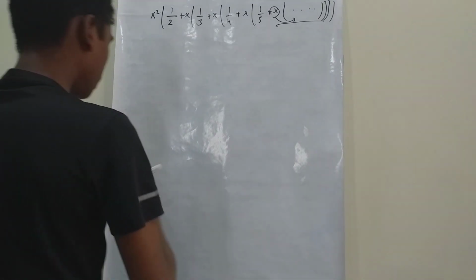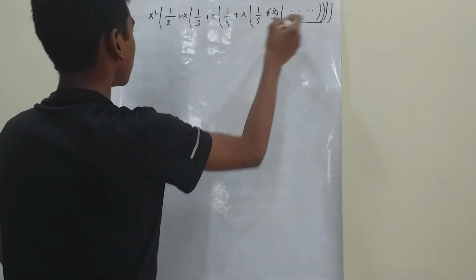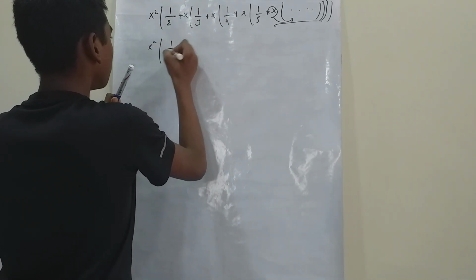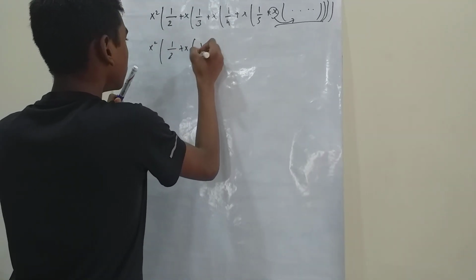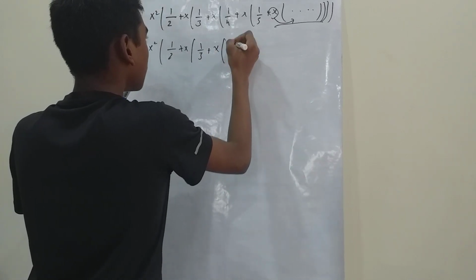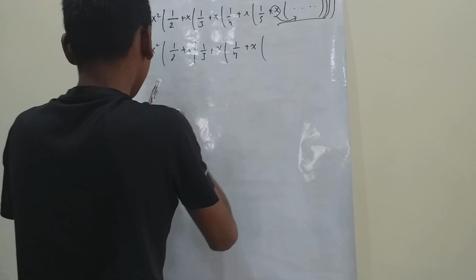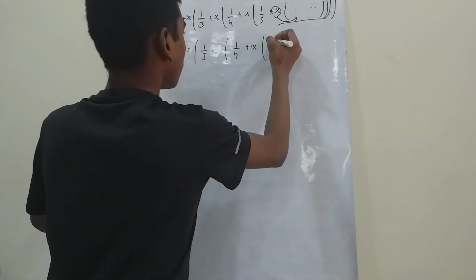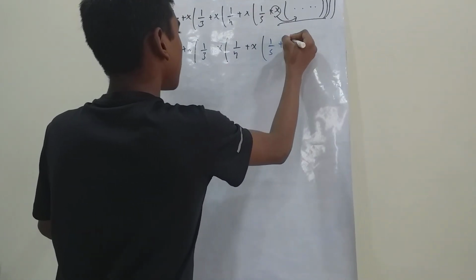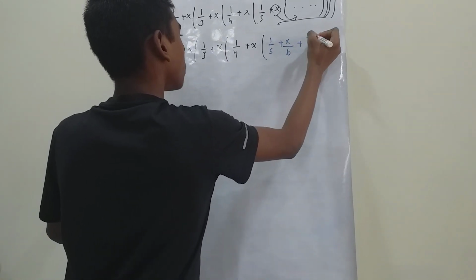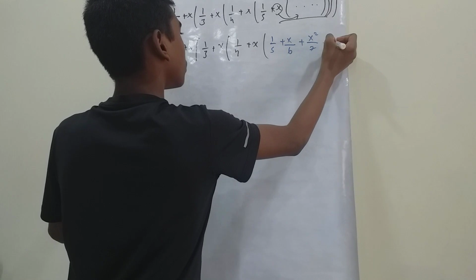So when I multiply x over here, I get x squared times half plus x times 1/3 plus x times 1/4 plus x times, then it's going to be 1/5 plus x divided by 6 plus x squared divided by 7 and so on.